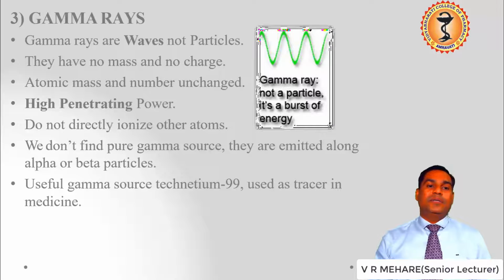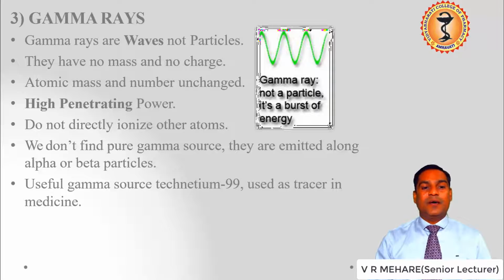Now we discuss gamma rays. Gamma rays are waves and not particles, unlike alpha and beta particles. Gamma radiation is in the form of energy. Gamma rays have no mass and no charge. When any radioactive substance emits gamma radiation, its atomic number and mass number remain unchanged.